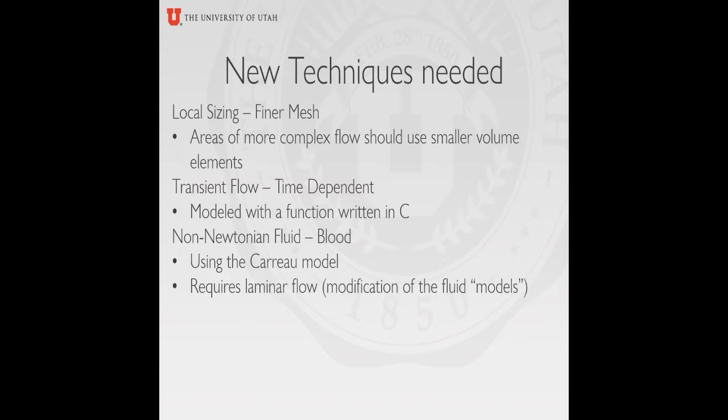Next, we'll be modeling the blood as a non-Newtonian fluid. You learned a little bit about this earlier. The blood is modeled using something called the Carreau model, which means that the viscosity is going to be dependent on the shear rate.